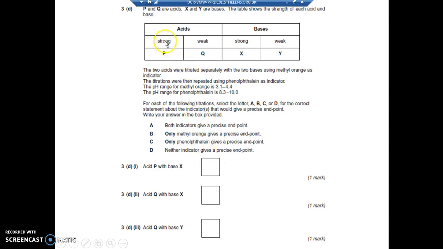Let's have a look then. We've got strong and weak acids, and you've got strong and weak bases.